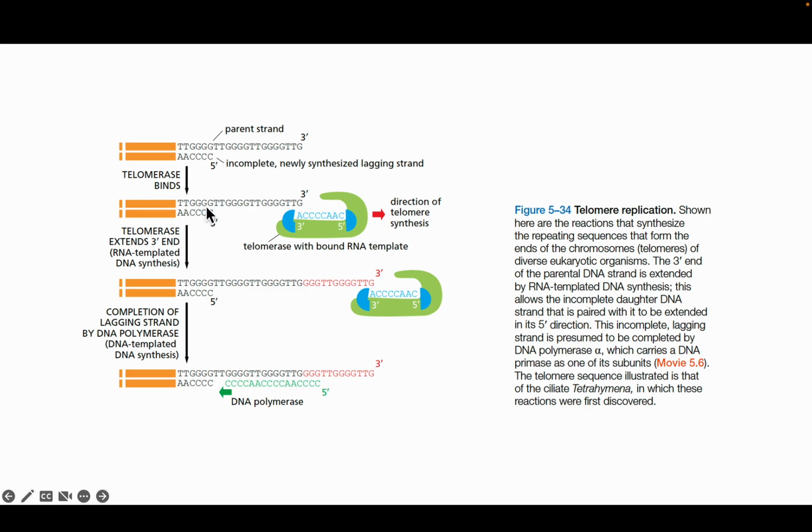Telomerase binds, and then the direction of telomerase synthesis. This is telomerase with bound RNA template. What happens? It will increase the length of the telomere. So telomerase extends the 3' end by RNA templated DNA synthesis. Completion of the lagging strand by DNA polymerase, DNA templated DNA synthesis. Now DNA will be replicated using this strand.